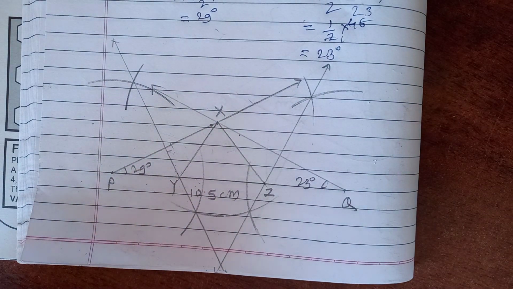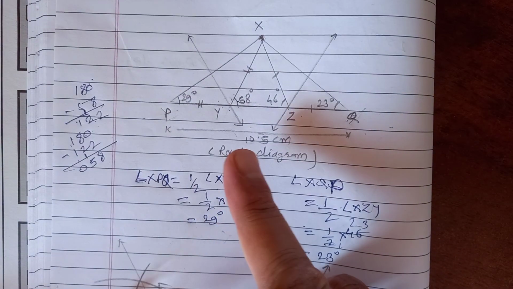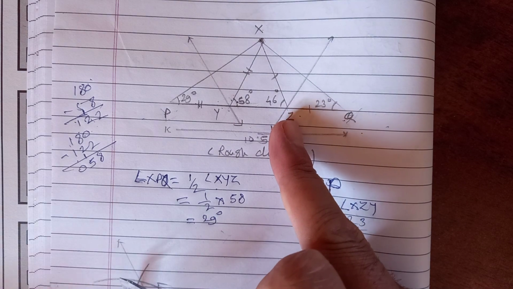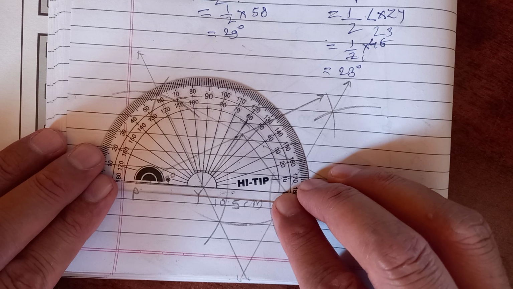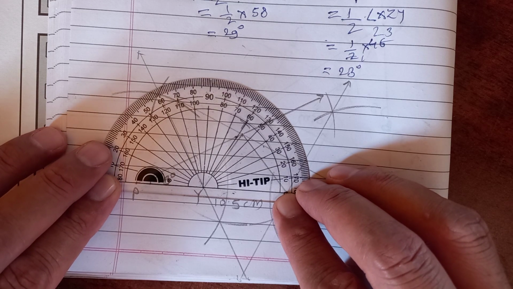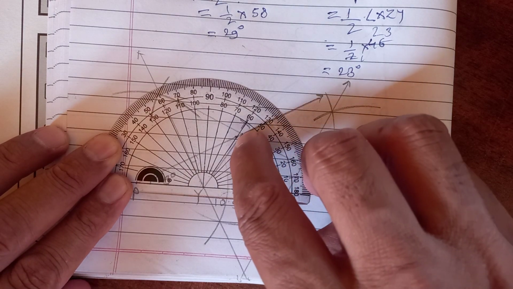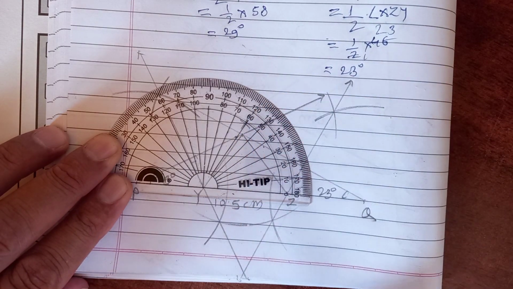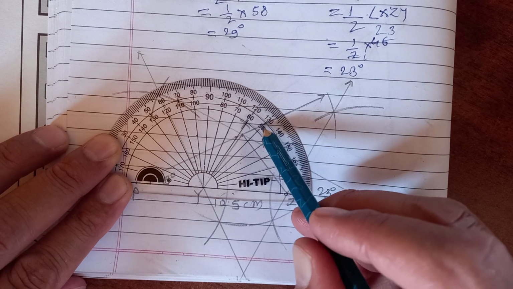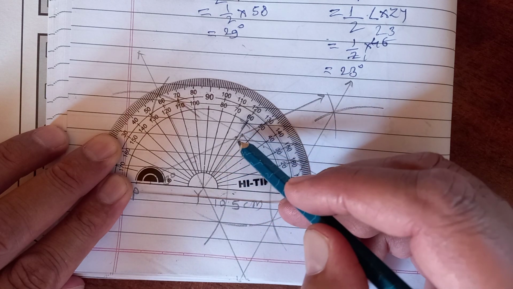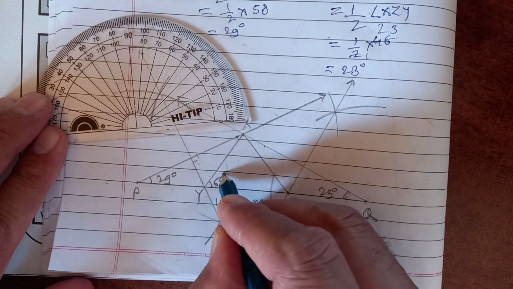Now what are the angles at Y and Z? Y is 58, Z is 46. So using the protractor, we'll see. Y is 58. See here, 50, and when it goes on it is 58, exactly 58 comes. Here 0, 10, 20, 30, 40, 50. This Y angle goes like this. It is 58, so this is correct.